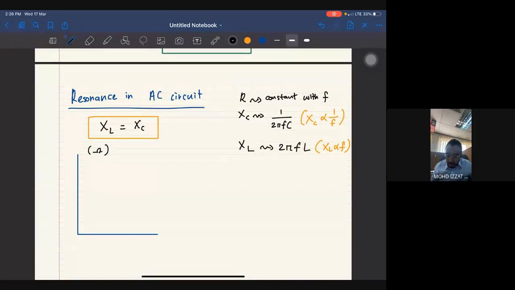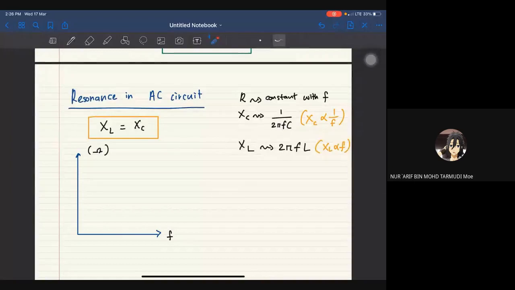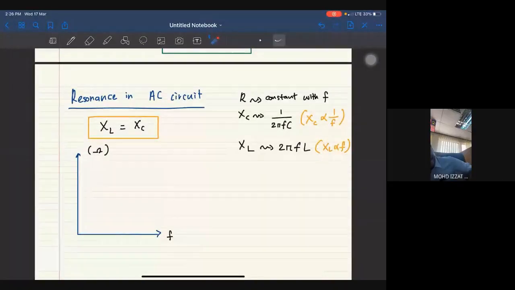And this one is the frequency. The easiest one first, XL with F. XL's dependence on the frequency is directly proportional. So what shape is my graph? Straight. Linear, it's linear. Okay, very good.